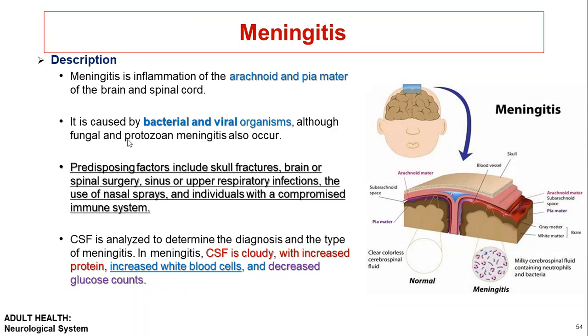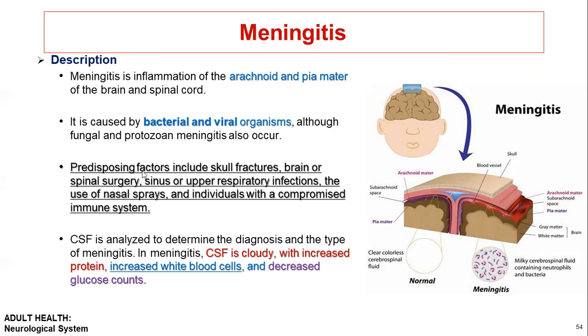Although fungal or protozoal meningitis exists, I can tell you viral meningitis is the most common, and it resolves without treatment. Bacterial meningitis is contagious and has a high mortality rate.